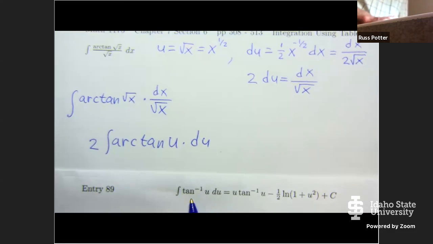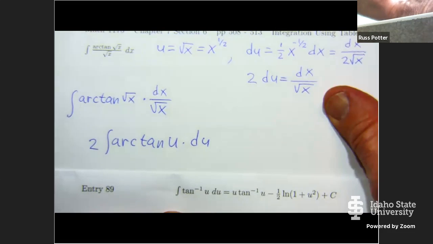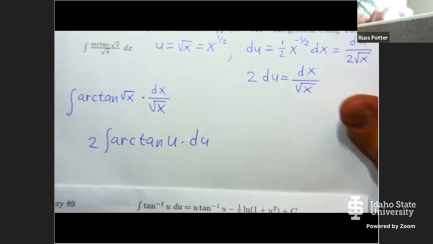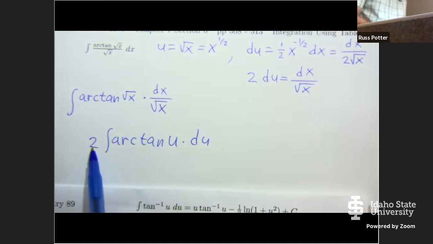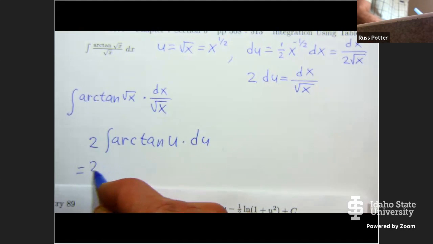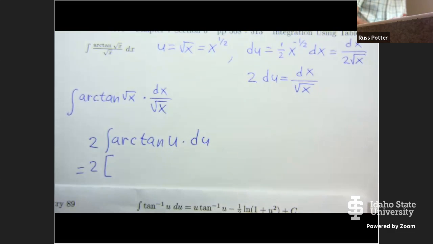This is inverse tangent, but that's equivalent to arctangent. So we'll just use that formula. We have a factor of 2 to keep out front. So this is 2 times all of that.